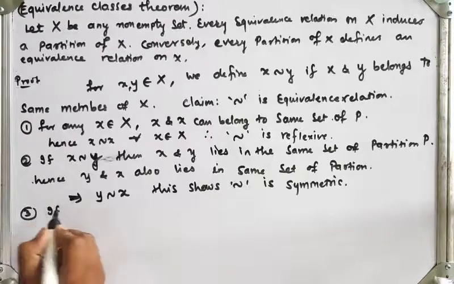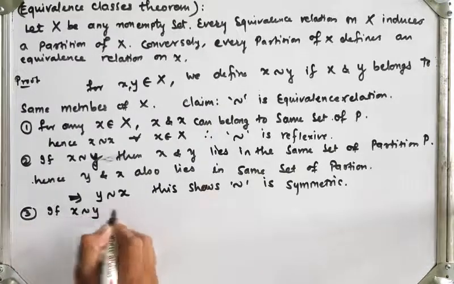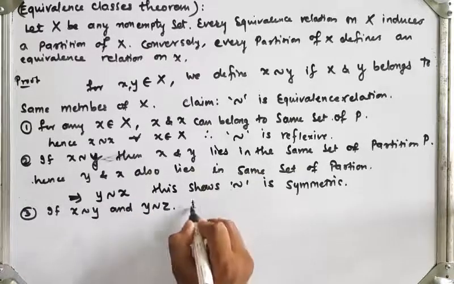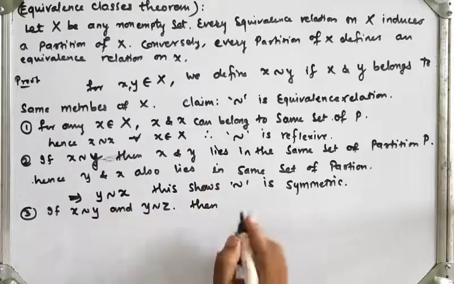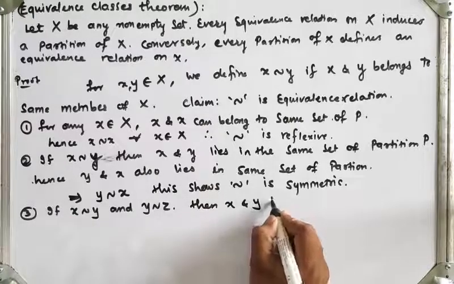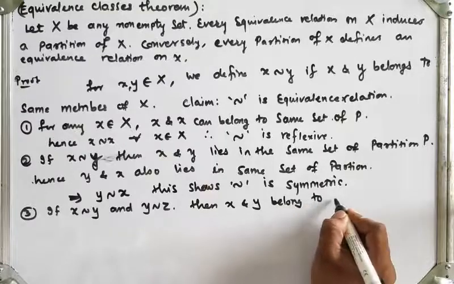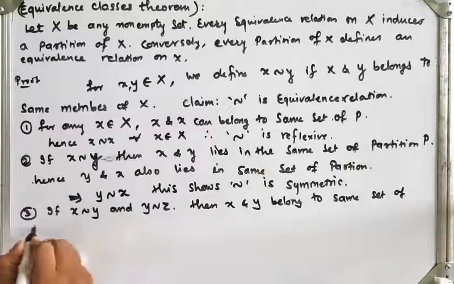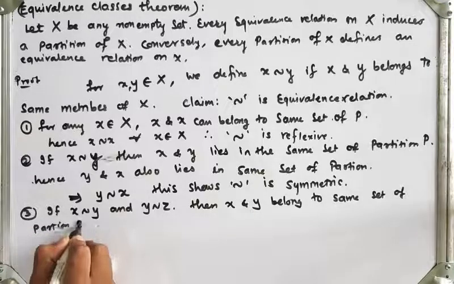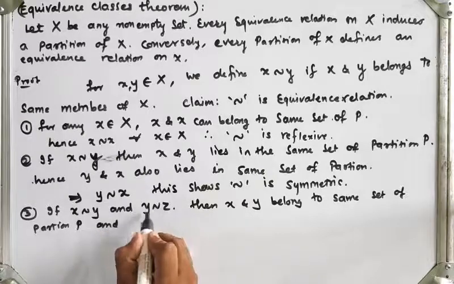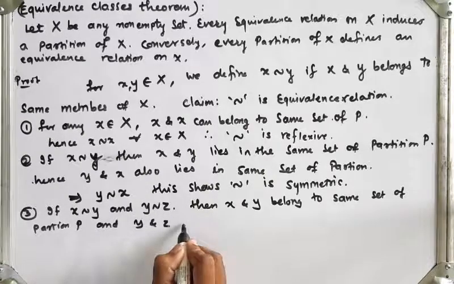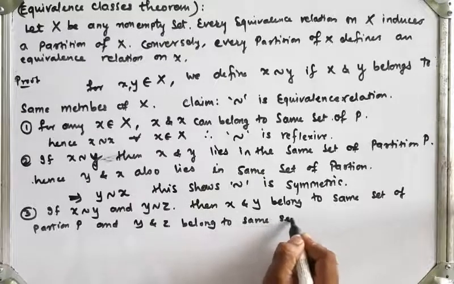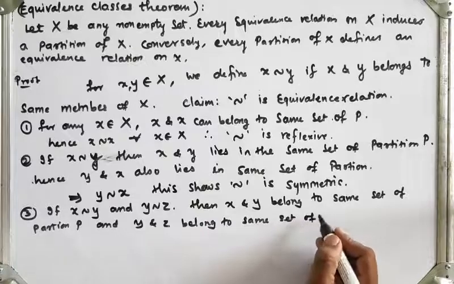So if x tilde y and y tilde z, then x tilde y means x and y belong to the same set of partition P, and y equivalent to z means y and z belong to the same set of partition.